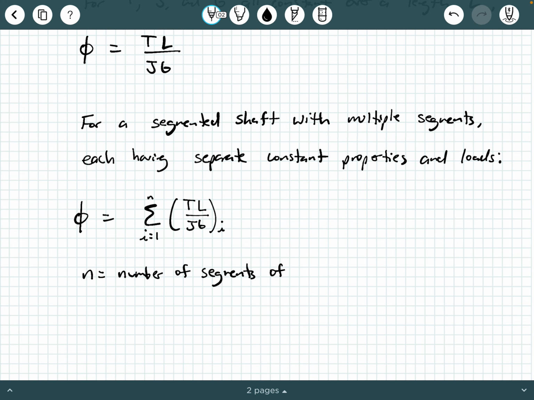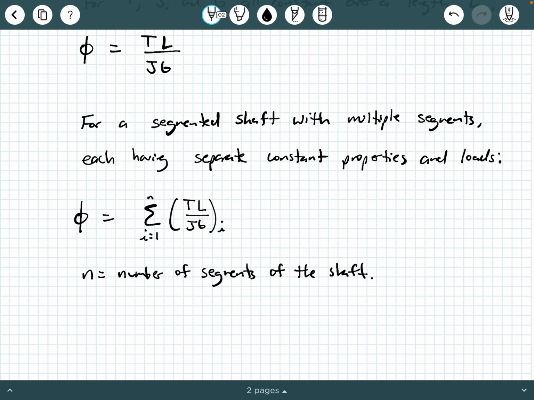Now, those of you who are familiar with axial deformation and an axially loaded bar, this theory parallels that, okay? This theory is very similar. It's analogous to our background on axially loaded bar deformation. So if you remember, for axial deformation of an axially loaded bar, we have deformation is equal to FL over AE.